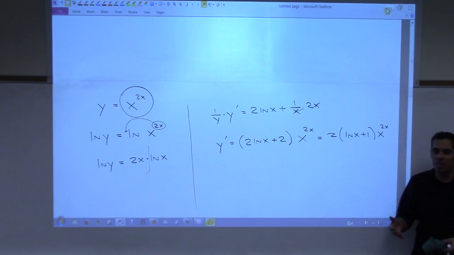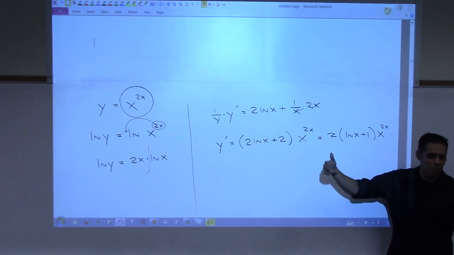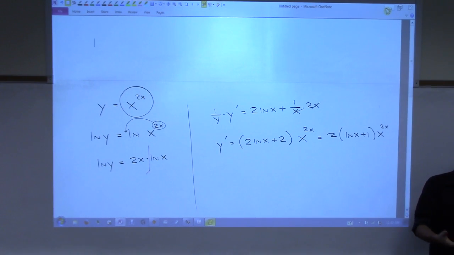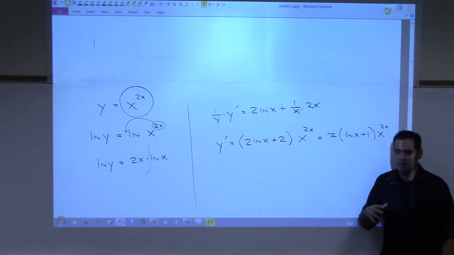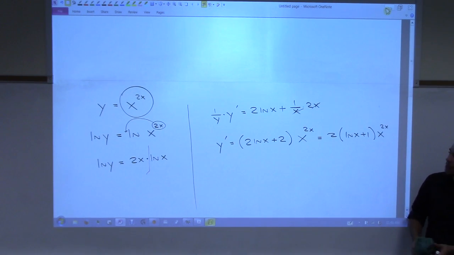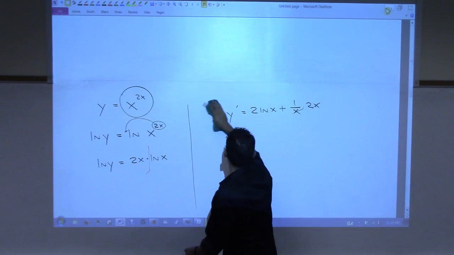And by the way, there is no other way to do it. The previous two problems, we could have done with the quotient rule, and a triple product on the last one. It would have taken a while and been ugly. This one, you don't have another option. Logarithmic differentiation is the way to do it.